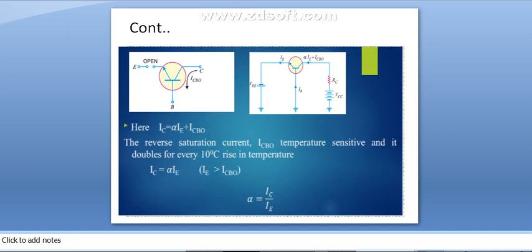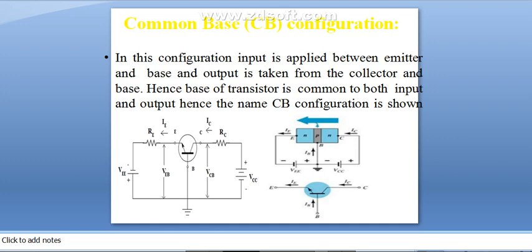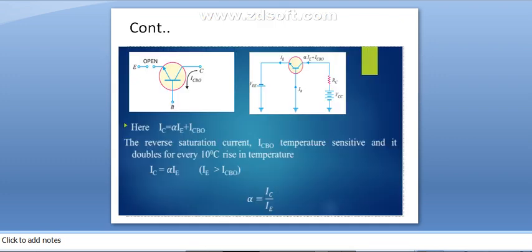Now the current expression in common base configuration. IC equal to alpha IE plus ICBO, where IC is the collector current in common base.